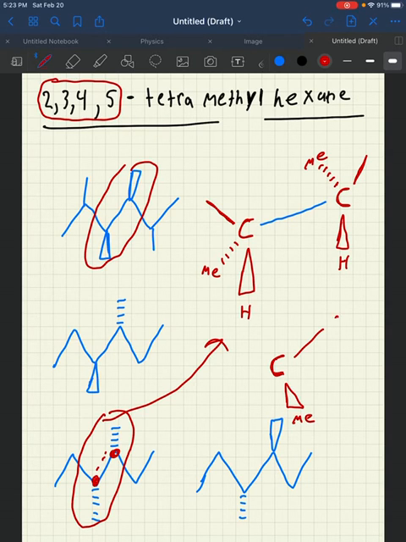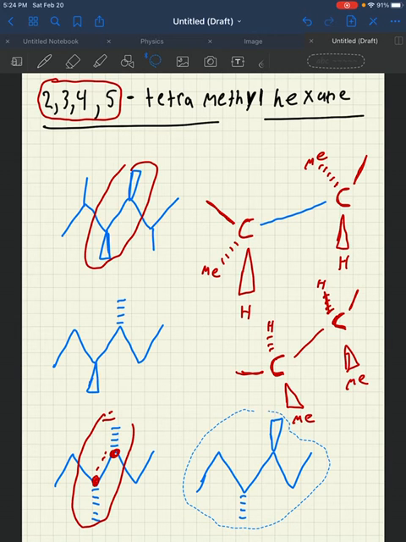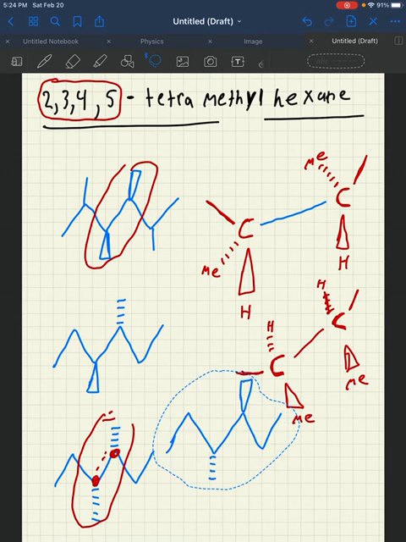And you're gonna have your carbon over here, and you're gonna have your methyl group popping out at you, bonded to a carbon, and then you're gonna have your hydrogen, and then of course that. So this is when we're comparing these two to see if they're identical. If I rotate these, am I ever going to be able to get them in the exact same spot as one another? Ever?